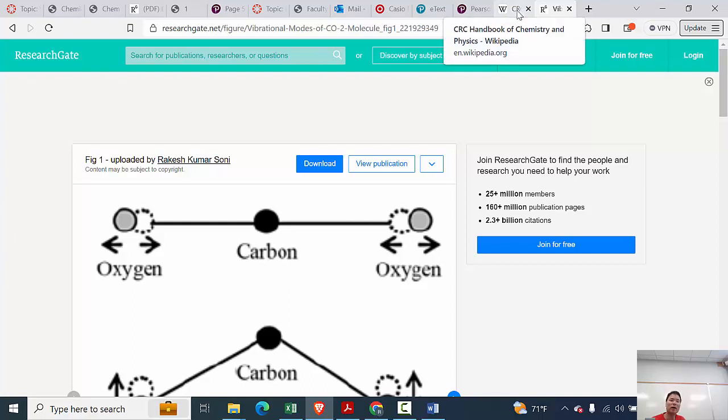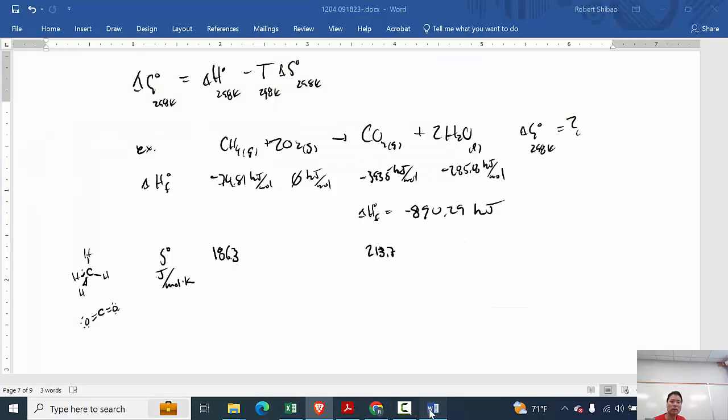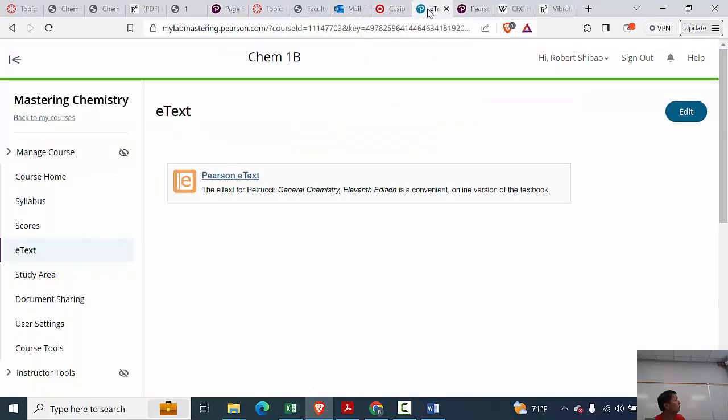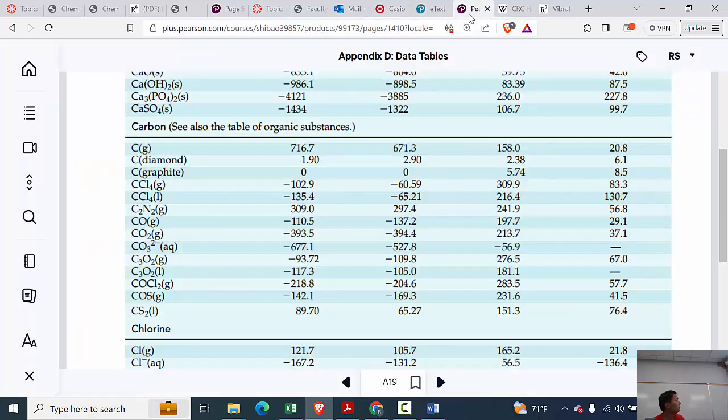Which would have a higher entropy: carbon monoxide at 298 Kelvin and 1 bar, or carbon dioxide at 298 Kelvin and 1 bar? Carbon dioxide. And indeed, carbon dioxide does. Let's check our prediction. Carbon monoxide's entropy is 197.7. Carbon dioxide's entropy is 213.7.